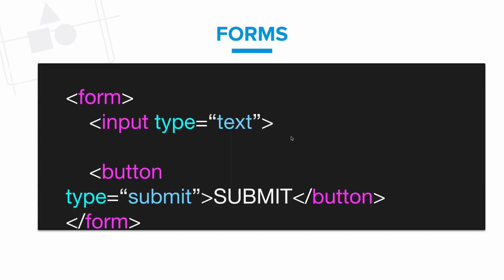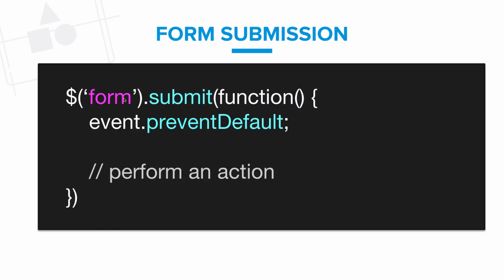Forms. Yeah, so got exactly that. And now for form submission, so we're targeting the form by using form as the tag name. And then the dot submit is like the dot on or the dot click.